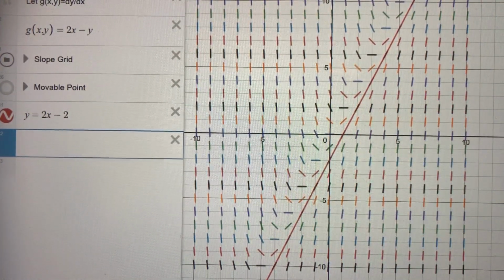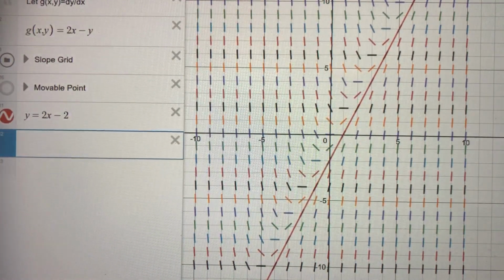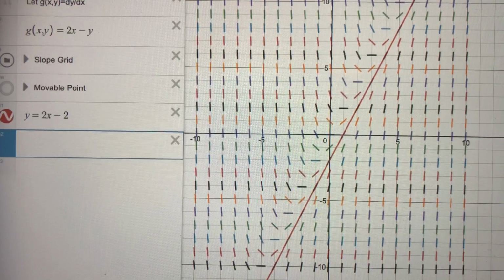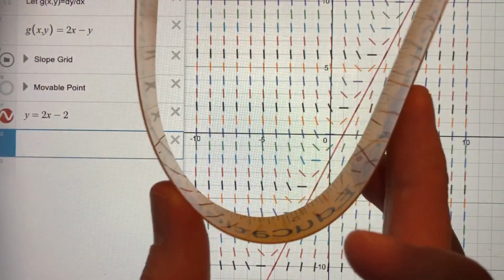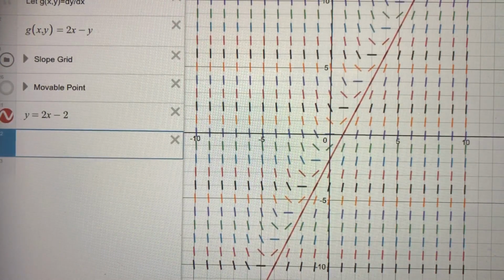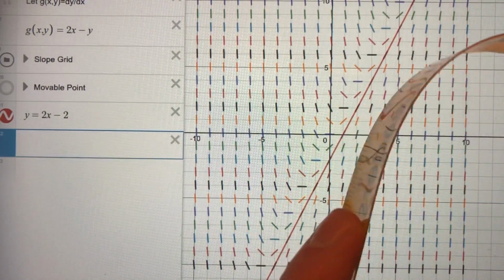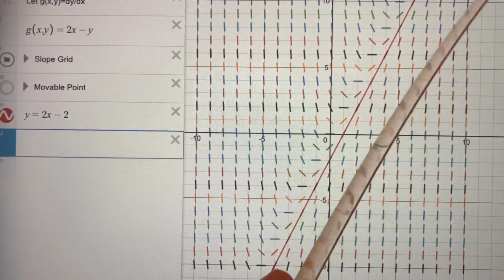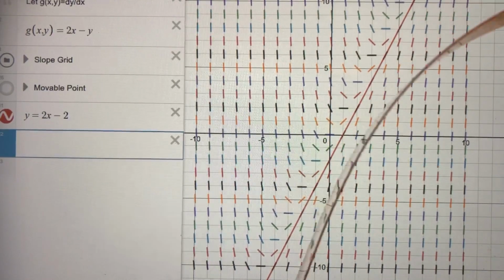And everything above this line seems to be, and I don't want to speak in a way that's not correct mathematically, but it seems to be concave up. And everything below this line seems to be concave down. It's kind of like beginning to bend, kind of like this a little bit. So sort of bending downward.